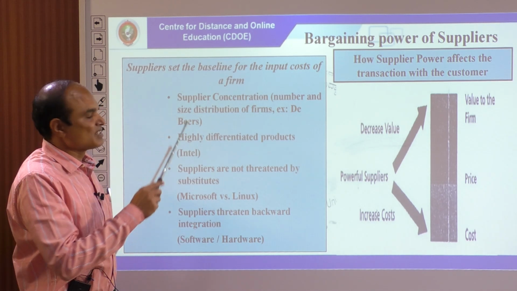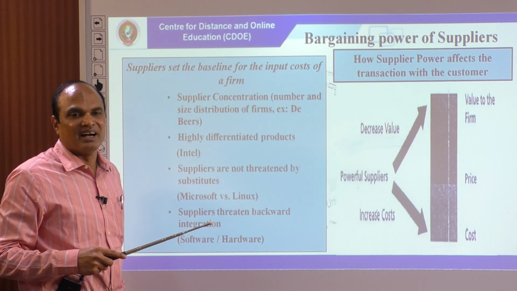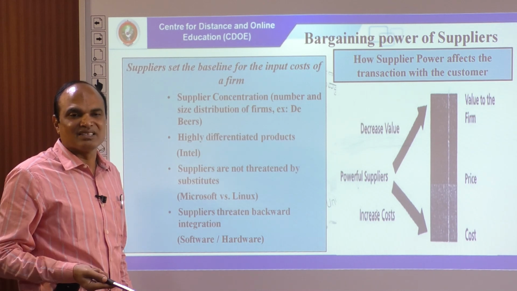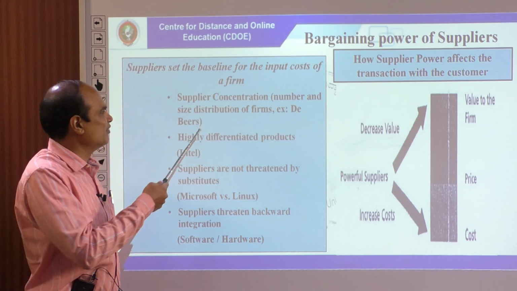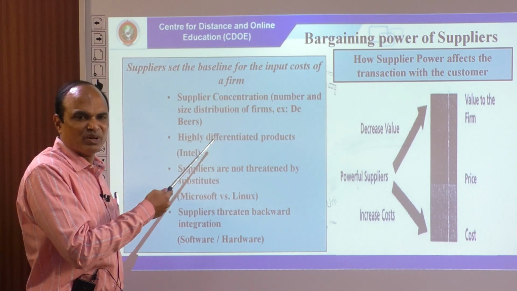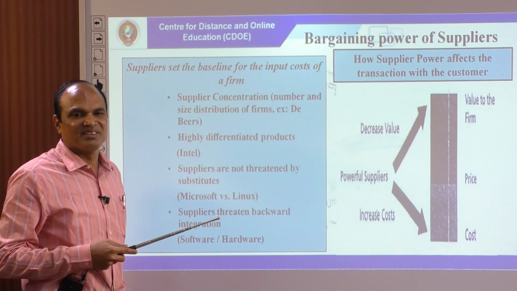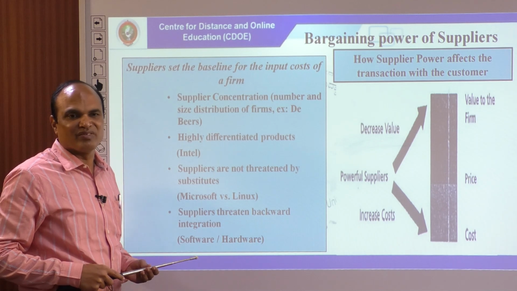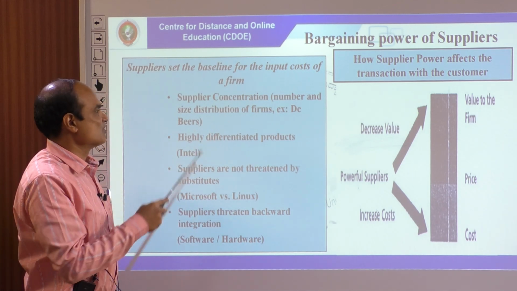So, De Beers has the ability to influence the price and create its own market, because although there are other suppliers, there are very few of them and their concentration is also less. First, they enjoy almost 80% of the market share, and the supplier concentration is also less.